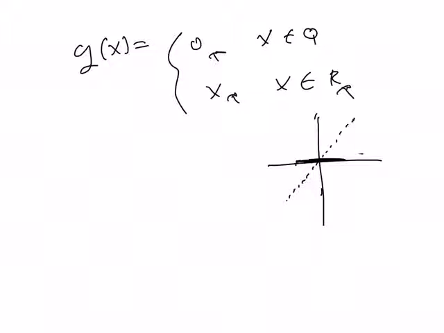As we approach 0, they agree. So for x equals 0, the limit as x approaches 0, even though a lot of these x's might be irrational numbers, is still going to be equal to x, which is equal to 0, which is equal to g of 0, because 0 is a rational number.